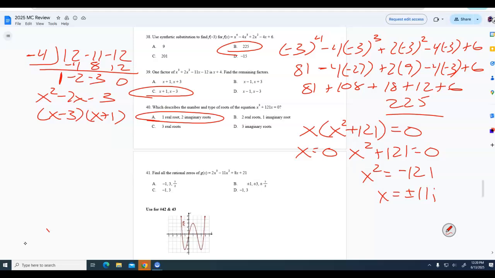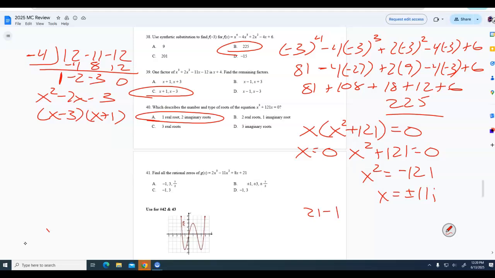Finding all the rational zeros. For number 41, you need to first find your possibilities. Your leading coefficient is 2. I'll put them over here. And your constant is 21.